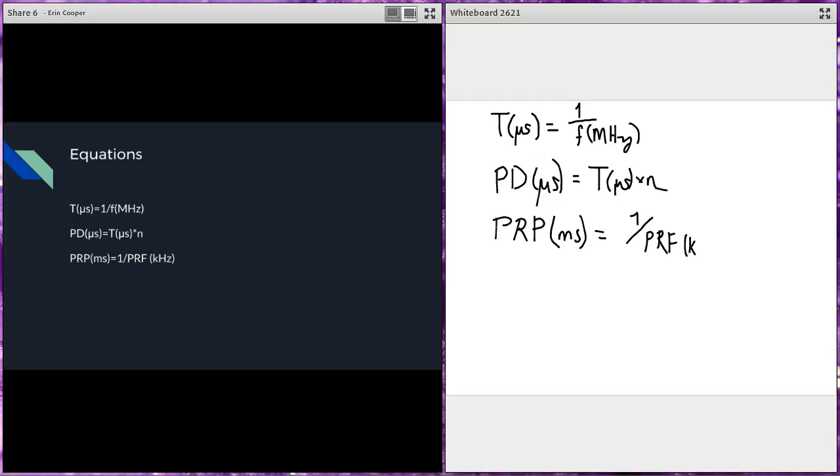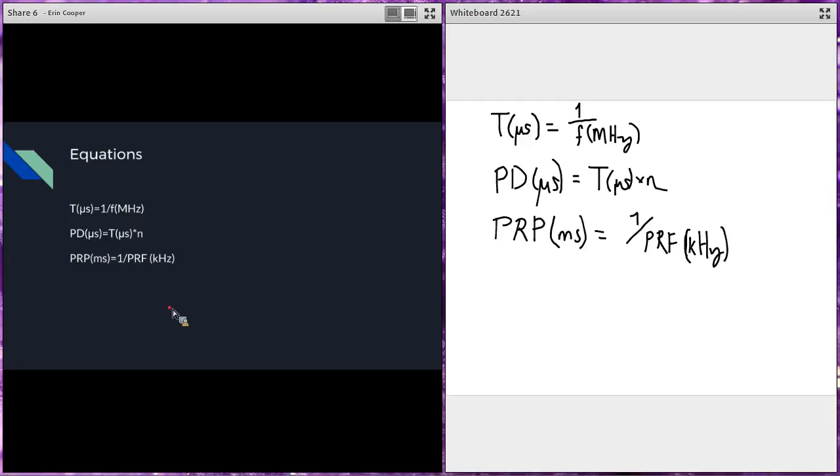Don't get these confused. This is really the only frequency equation that we're going to be using kilohertz in. And you can convert them, but that's a little complicated, so I'm just going to teach you how it is.